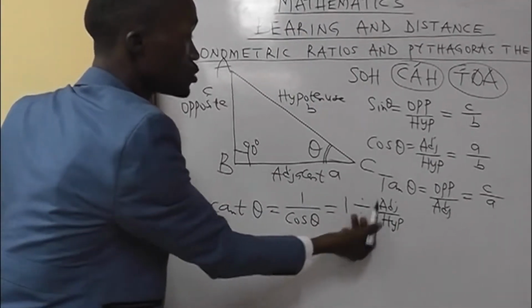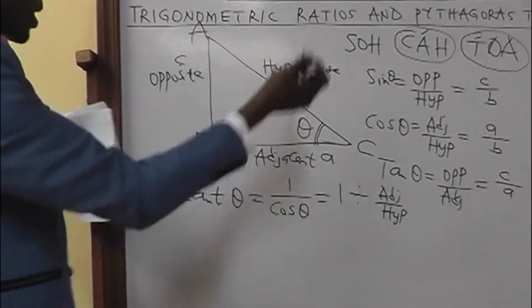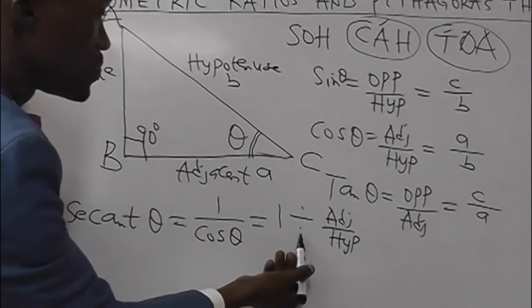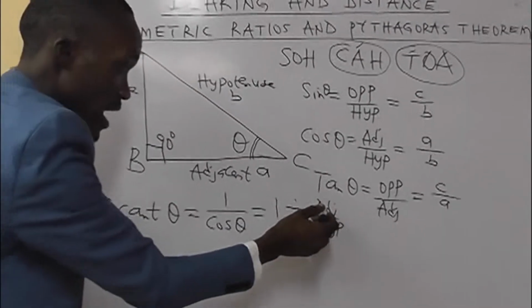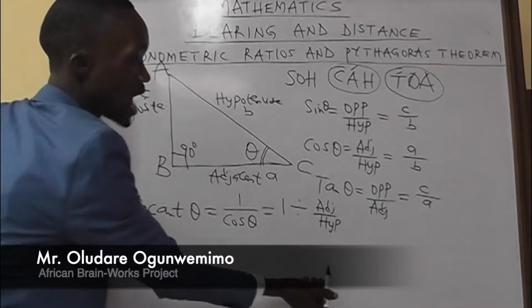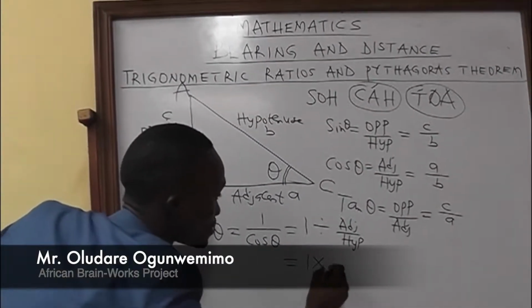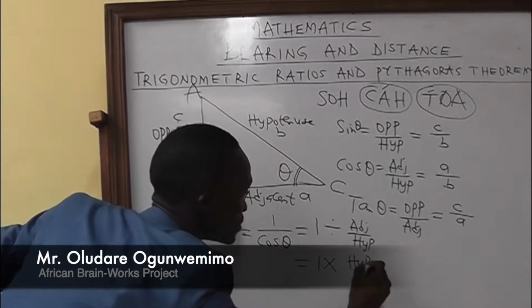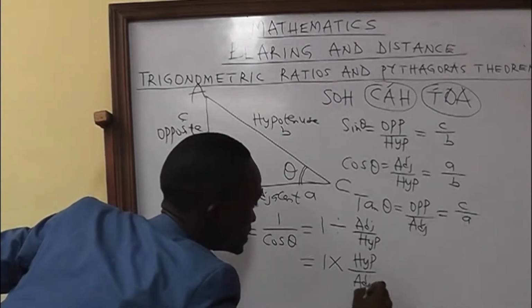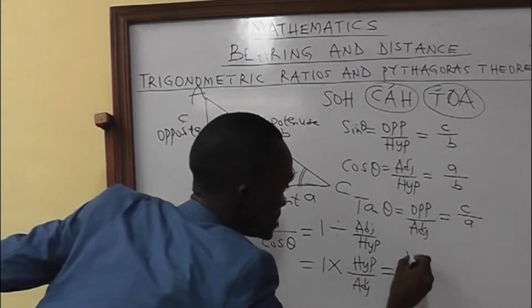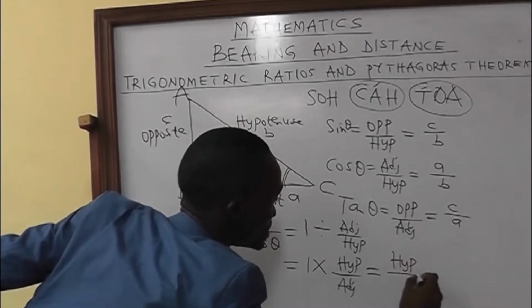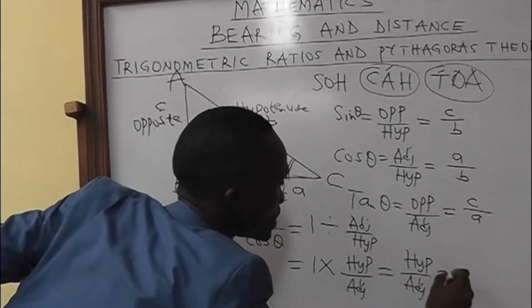And this division, we need to change it to multiplication. When we change this division to multiplication, the numerator here will become the denominator, and the denominator will become the numerator. So that will give us 1 multiplied by hypotenuse over adjacent, which is the same thing as hypotenuse divided by adjacent.